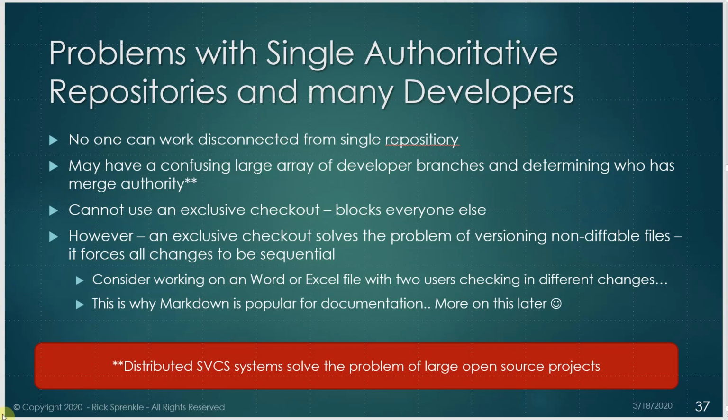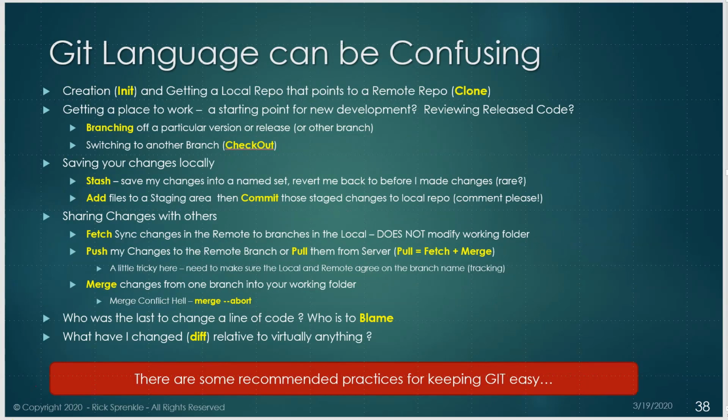So I mentioned earlier that some of the language can be confusing between what I'll call traditional version control systems and Git. So I'm just going to go over those. For those who've only worked in Git, these probably just seem pretty intuitive. First, when you need to create your repository, you do so through init, and that will create the file structure.